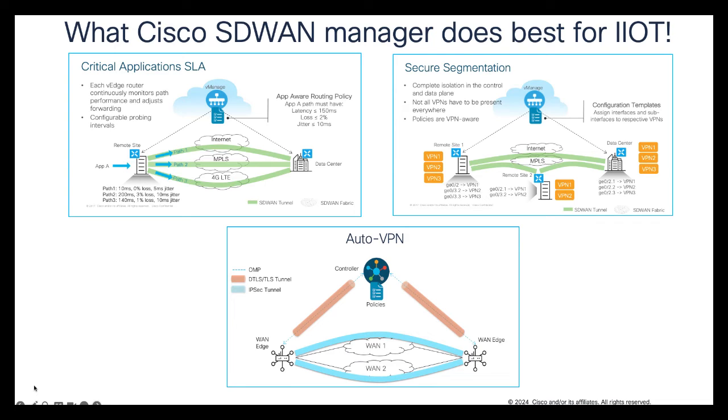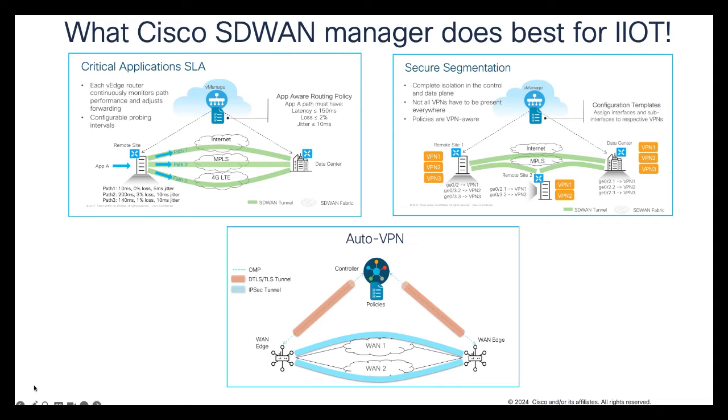We also provide secure segmentation. As I mentioned, different types of traffic can be isolated in their own zone. They can be isolated to their own routing tables, their own VPN, their own networks. So there's no chance of cross-contamination.